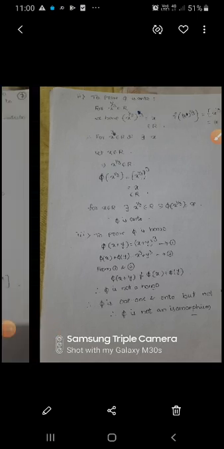So see another problem. Show that the mapping A tends to log A base 10 is an isomorphism from R plus under multiplication to R under addition. Solution: let (R plus, dot) and (R, plus) be two groups.